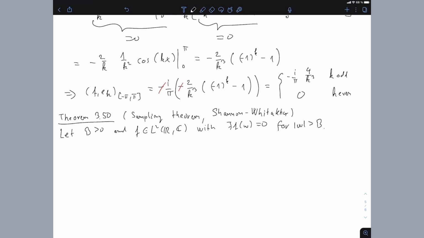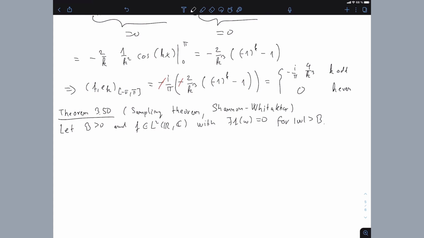Which, for instance, is the case after you have applied a low pass filter. Then you know that your signal has bounded frequency. So what can we say if this is the case? Some very interesting things, I would claim. Then this f is continuous.